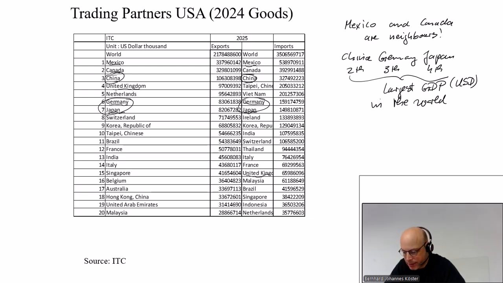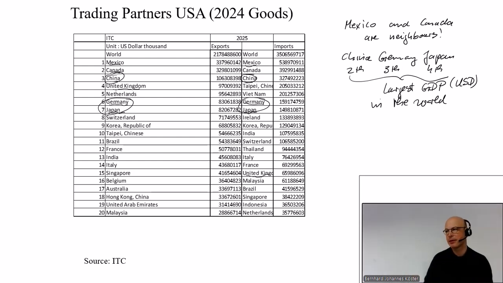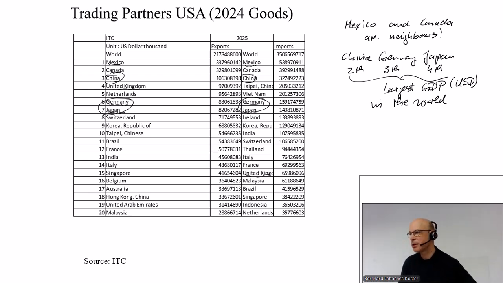Well, and of course, the first one, that you are trading with your neighbors. There you can say, well, it is quite easy. You do not have to send a ship 6,000 kilometers over an ocean. You just put the goods you want to import or export on a truck, and then your transportation costs are not that large compared to sending a ship 6,000 kilometers over an ocean.